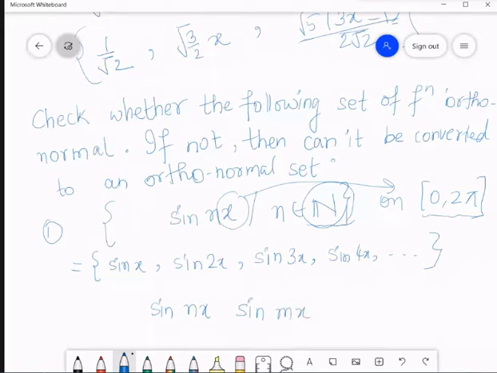These are the two general representations I have taken from this set. Now if n is not equal to m, then these two functions represent distinct elements from this set, and for those two distinct elements I just have to see whether this value comes out to be 0 or not. That's it. Only this much we have to check.